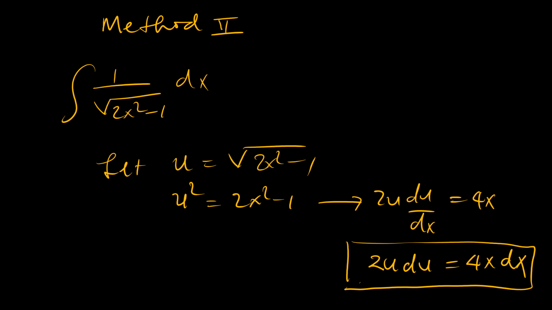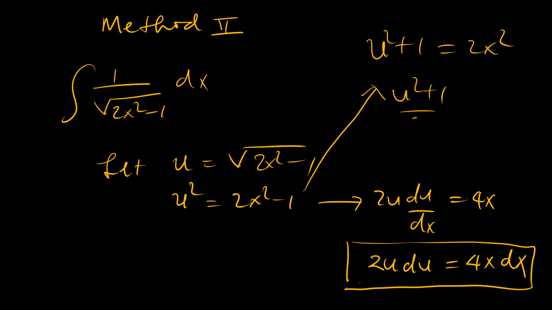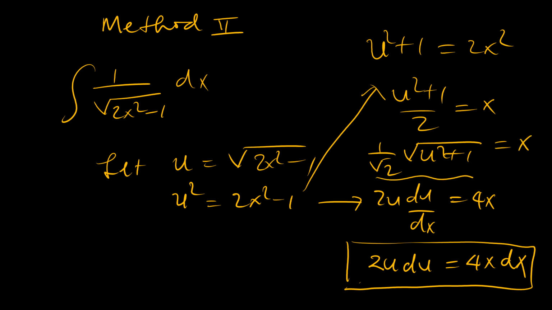So from here, u squared plus 1 will be equal to 2x squared, and so (u squared plus 1) over 2 will be equal to x squared, and so 1 over root 2 times the square root of u squared plus 1 would be equal to x, right?